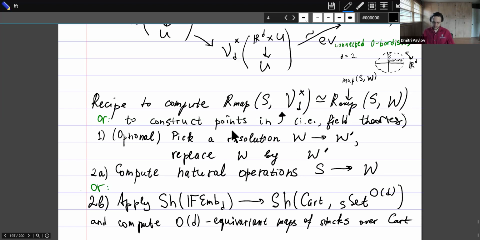And the point of choosing a resolution mostly applies to the first part. If you want to compute the whole mapping space, then you would have to guarantee that this map is a weak equivalence. This map is a weak equivalence if, say, S is cofibrant and W is fibrant. So some replacements may be necessary.